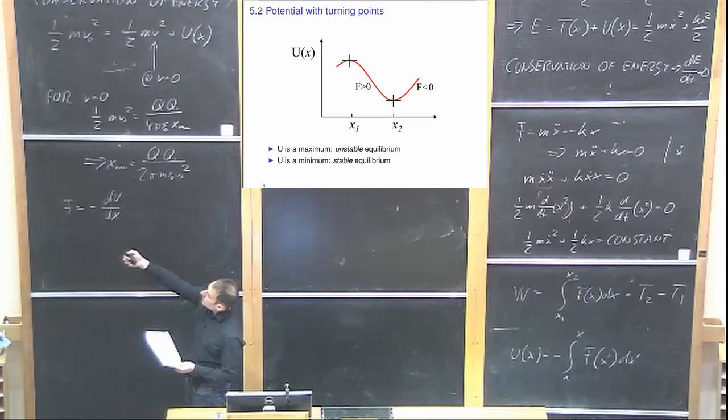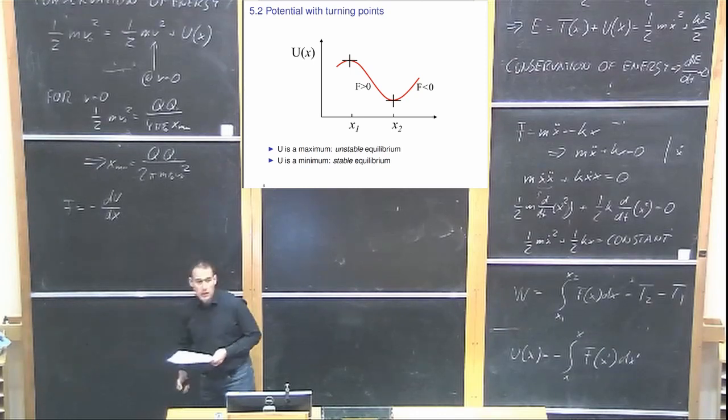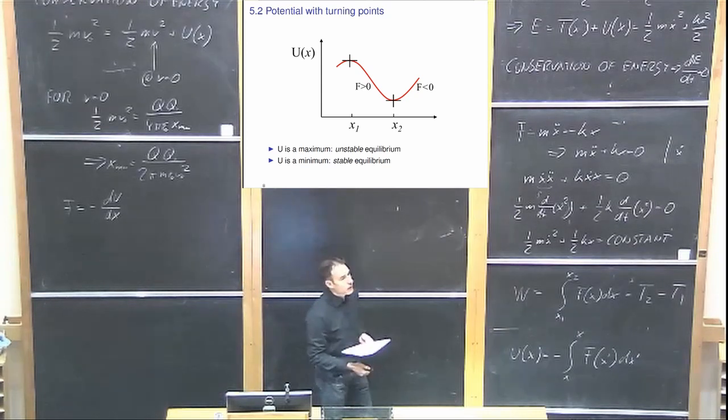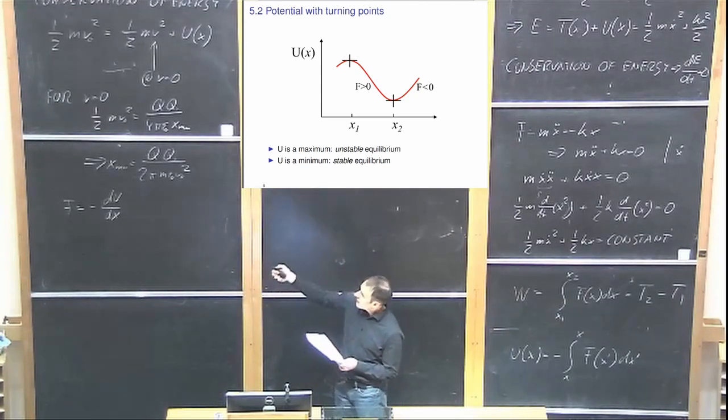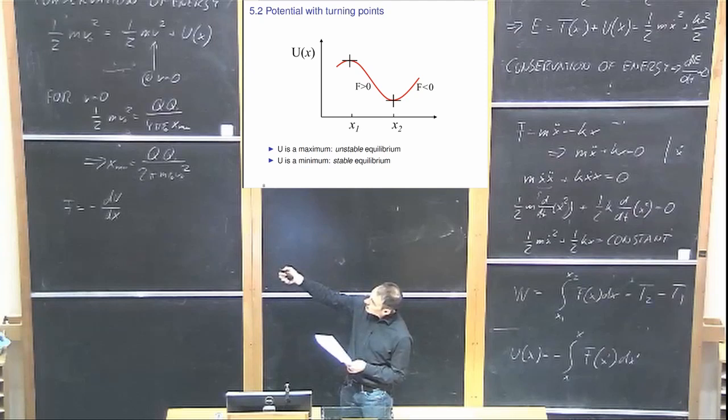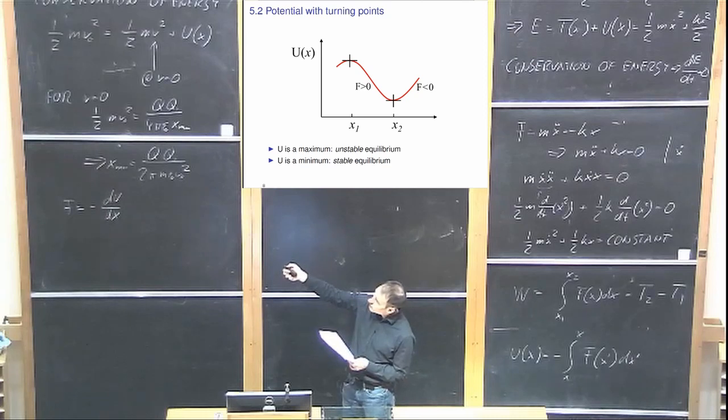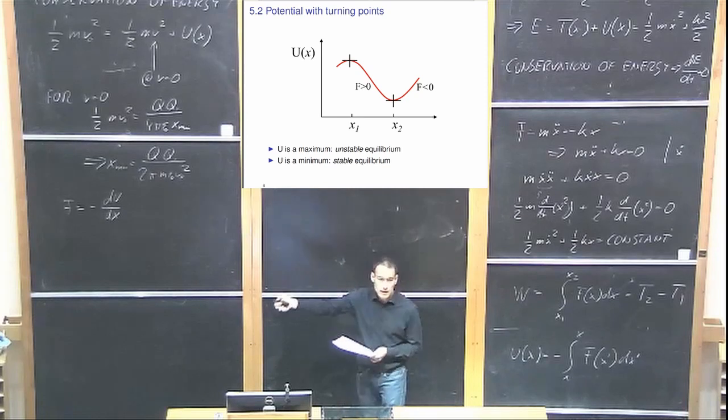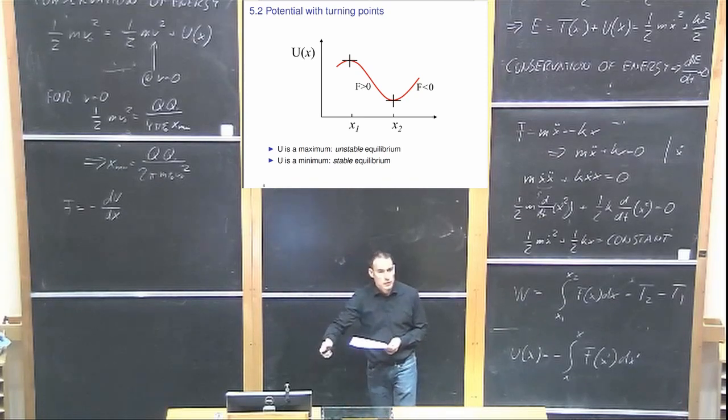When you're sitting here, you don't have a force because differentiation with respect to x is 0, and here you don't have a force either. But it very much depends on what the forces are left and right of it. Whereas here at x2, when you go left, the force is pointing positive. When you go a little bit right and deviate there, the force is pointing negative. With that, you have a restorative force that keeps it close to x2.